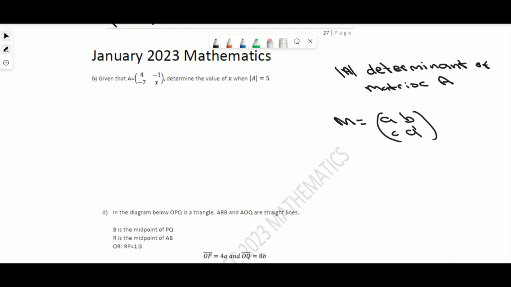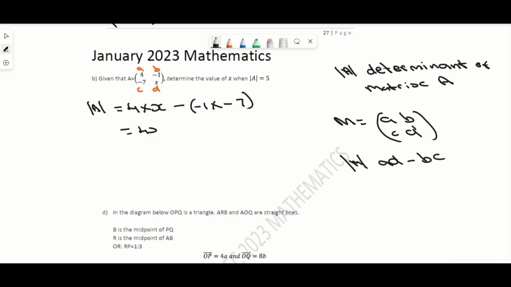The determinant of M is a by d minus b by c. So the determinant of matrix A would be 4 multiplied by x, minus negative 1 multiplied by negative 7. So 4 by x is 4x, minus 1 by 7 is 7.